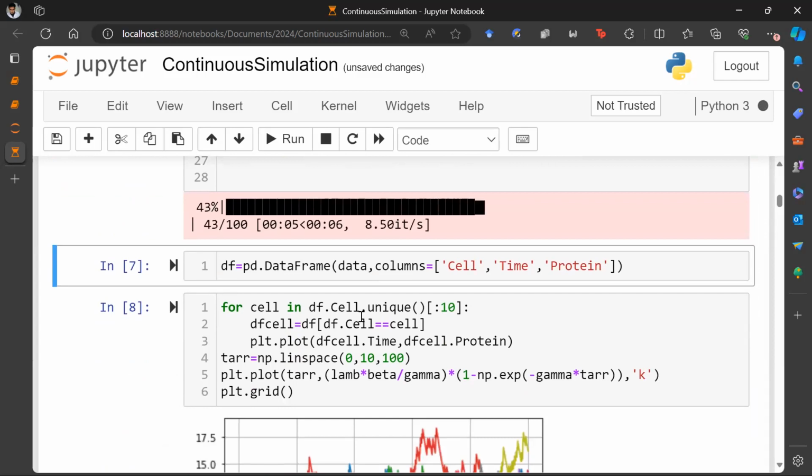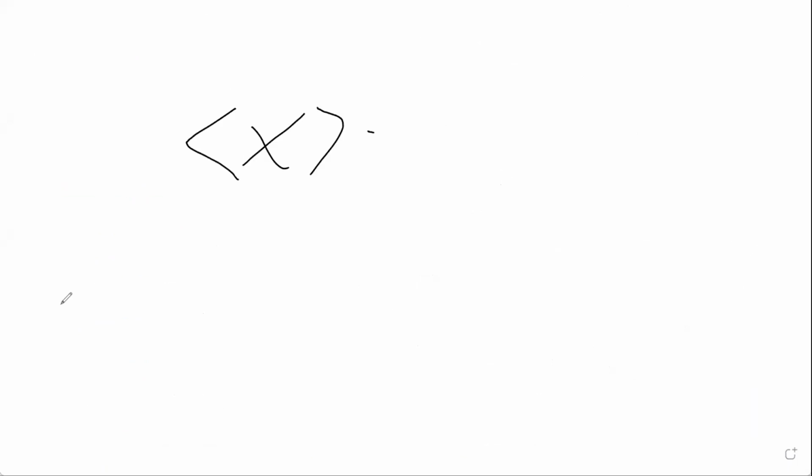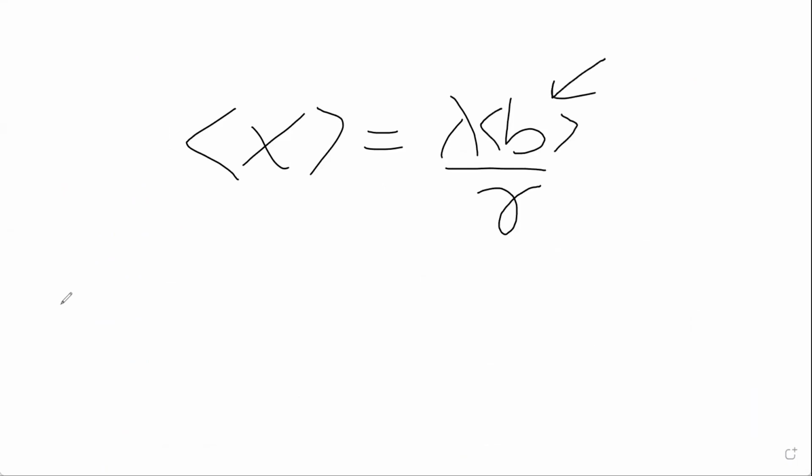Usually the mean of this system is going to be the production rate times the burst size over gamma, the mean of the bursts.